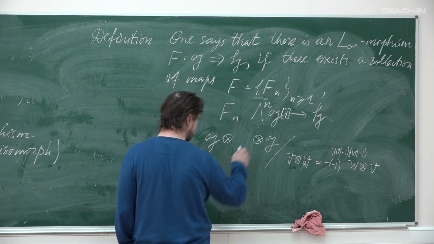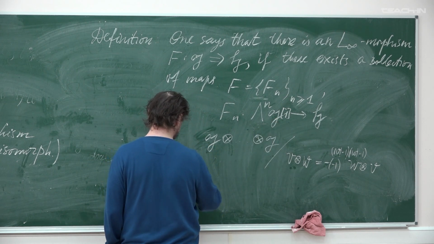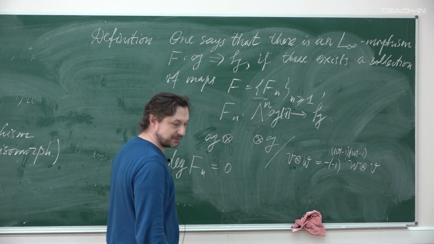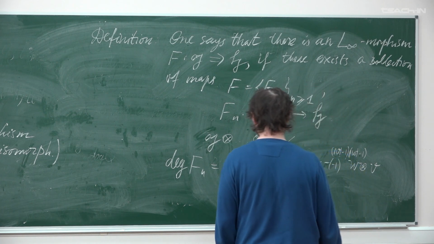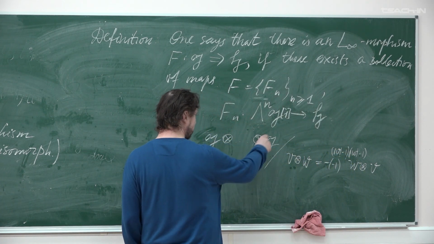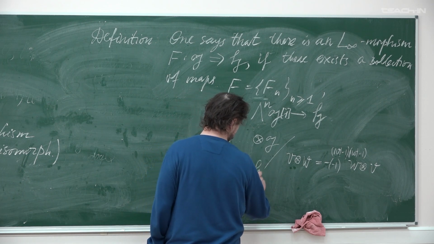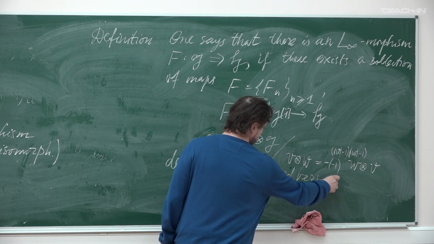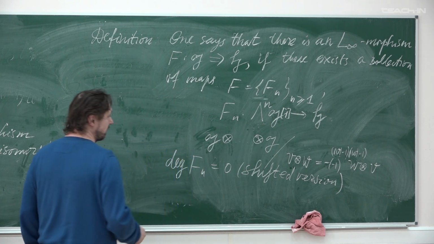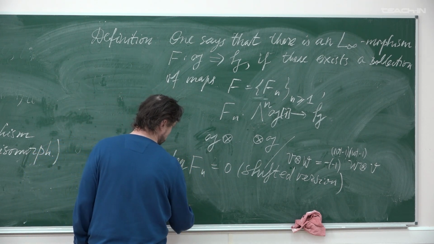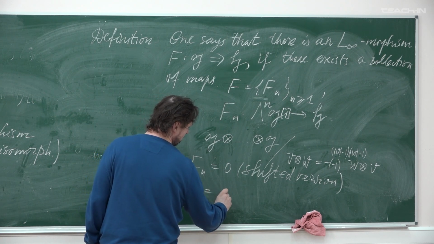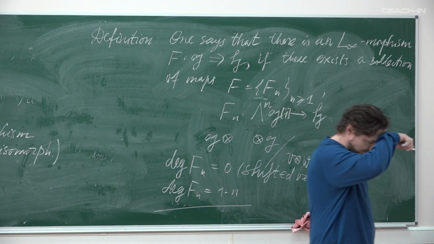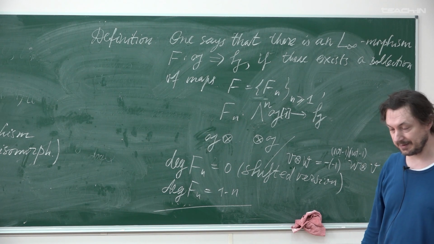So in this case, the degree of Fn should be equal to 0 in this sense when you take the shifting. But if you take the non-shifted version, then it is 1 minus n. It should be 1 minus n.